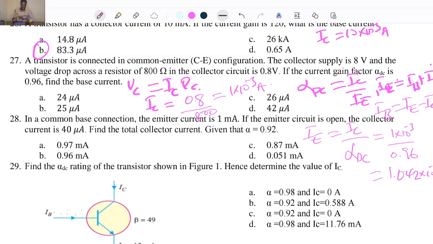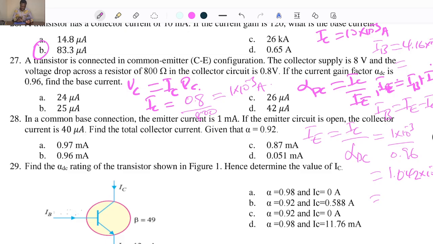So the answer for IB is going to be close to 4.16 times 10 power minus 5.